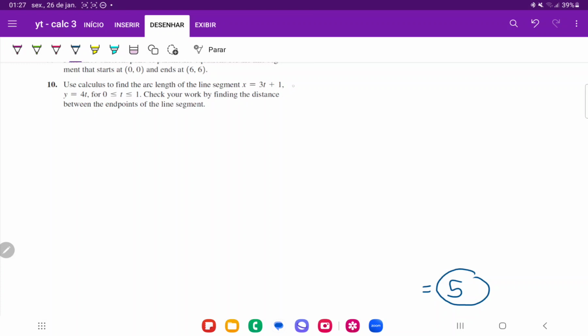So let's plug in t equal to 0 in the x equation. So x is equal to 3 times 0, as we've done before, plus 1, which is just 1. And if we plug in t equal to 0 for the y equation, y is equal to 4 times 0, which is just 0, right? So our initial point is going to be the point (1, 0).